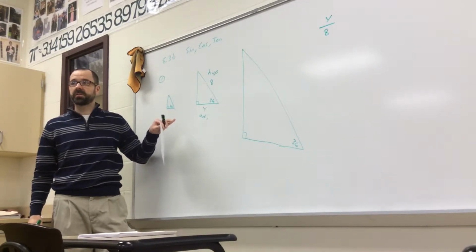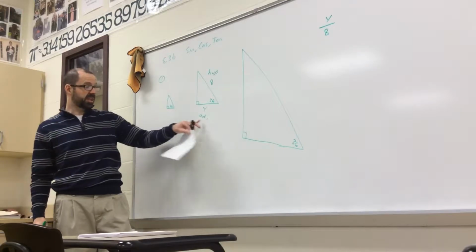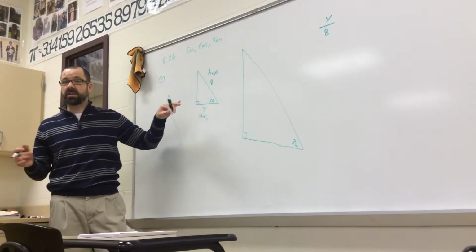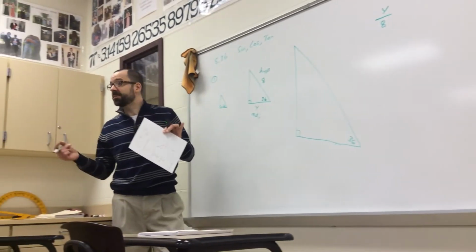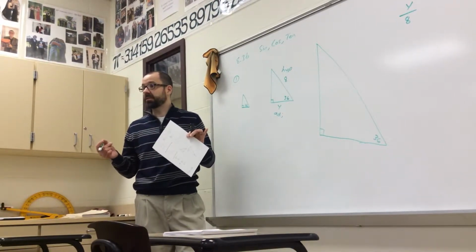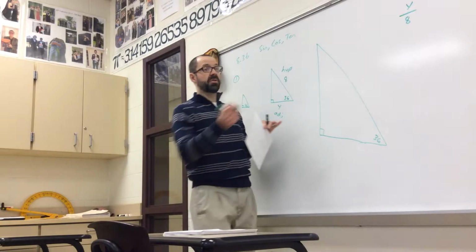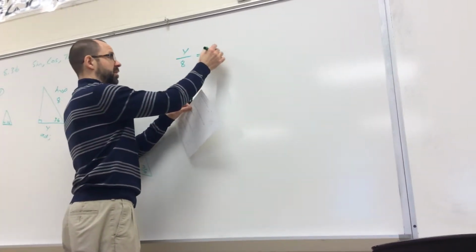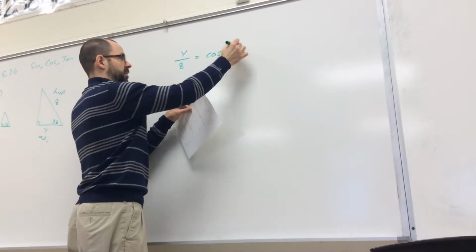Emma? Cosine, good. So we put the adjacent on top and the hypotenuse on the bottom and we made a fraction. But yesterday we learned that the name for that fraction is cosine. So the name of this fraction is cosine of the 36.